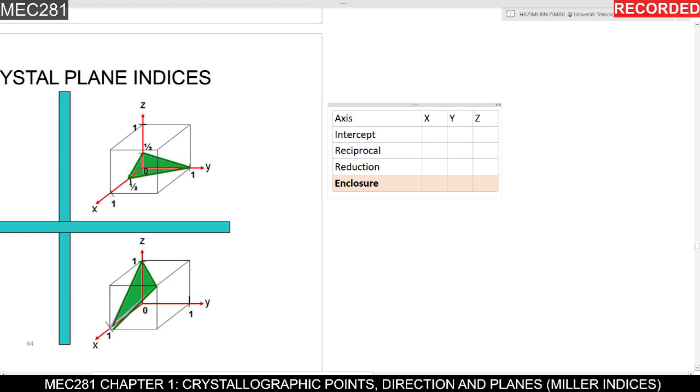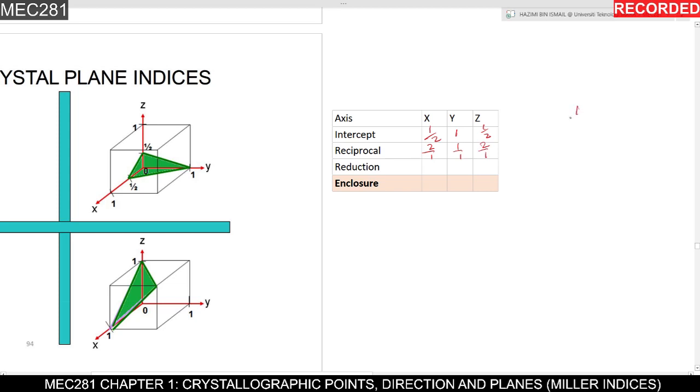For the x, it intercepts at 1/2. For the y, 1, and for z, 1/2. So when you take the reciprocal, you turn it over, so 2/1, 1/1, and 2/1.